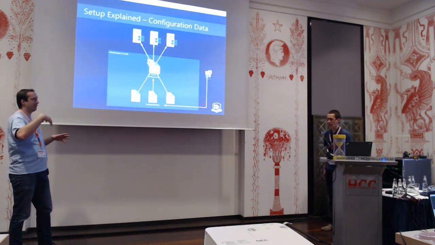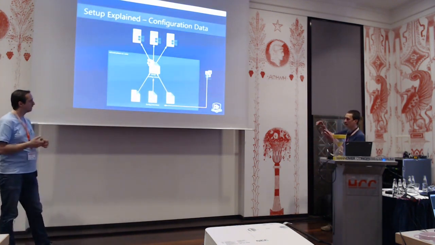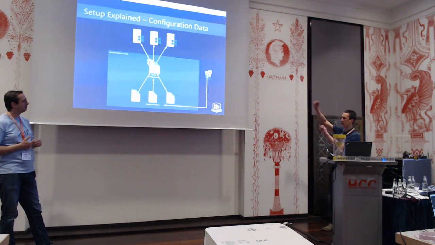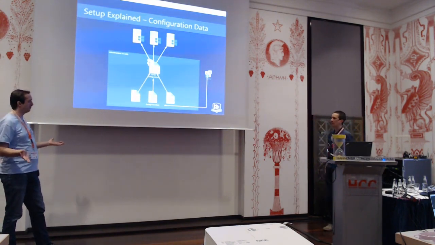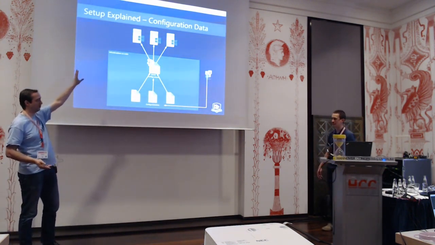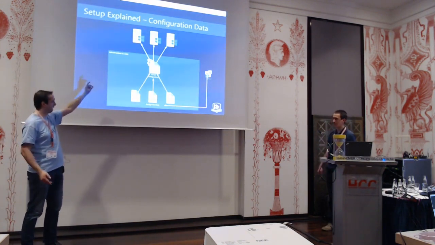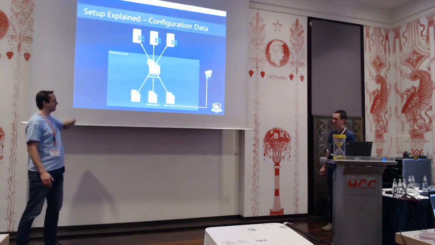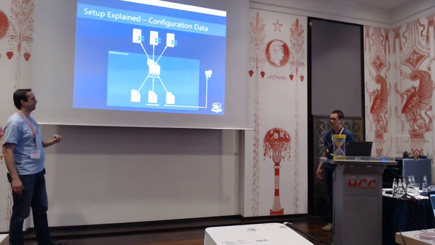But the configuration data is one-to-one with a node still. Okay, so the configuration data defines the state of one of my servers. Yes, so if you want to change a service as an admin, you don't have to go and copy-paste all those partials to your server and modify them there and make sure that they are current. All you have to do is go to the configuration data for your server and specify, oh, by the way, I want a SQL server, and by the way, my instance name is this.